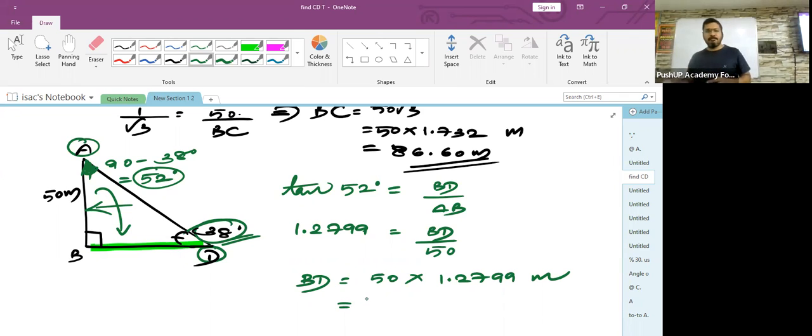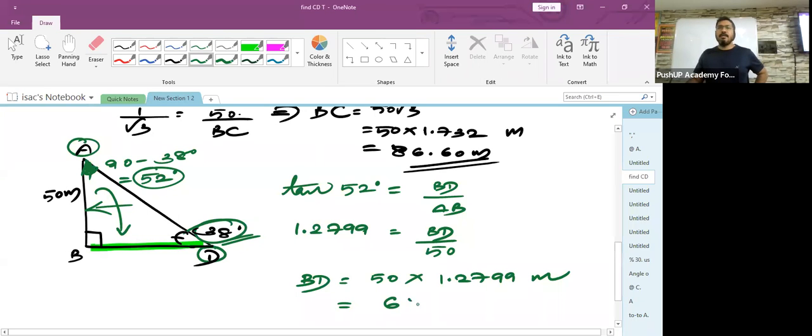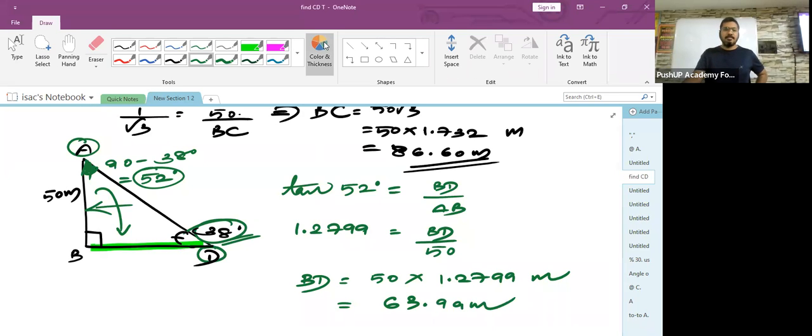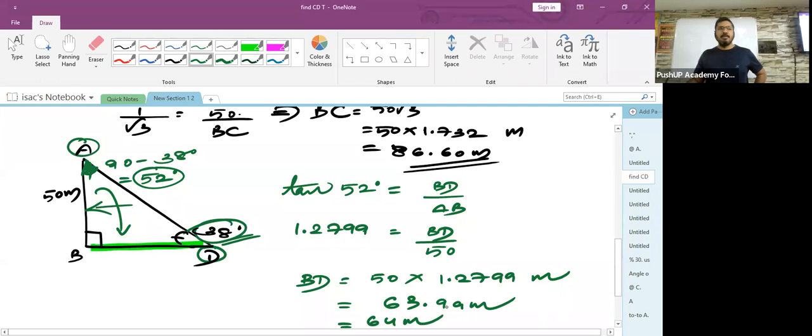Do it carefully and tell me what is the answer. 63.99 meters. Are we all getting this? Third digit is 5, so that means you can round this off as 64 meters.